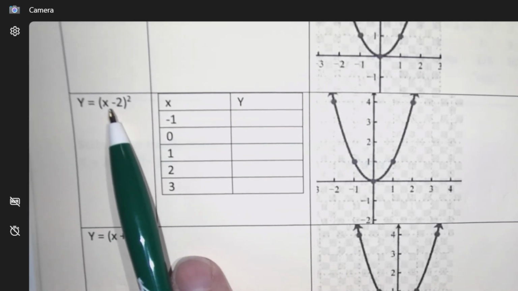Negative 1 subtract 2. So I'm at negative 3 squared.